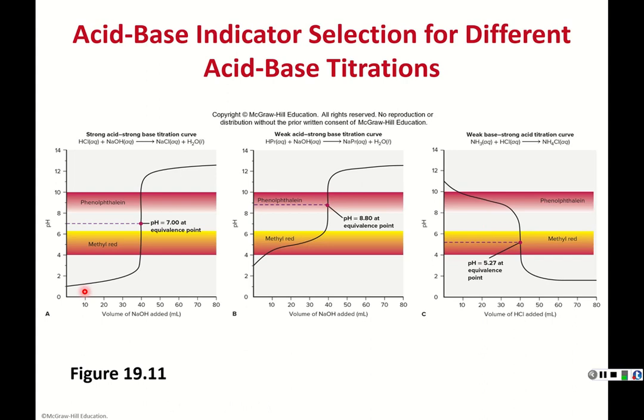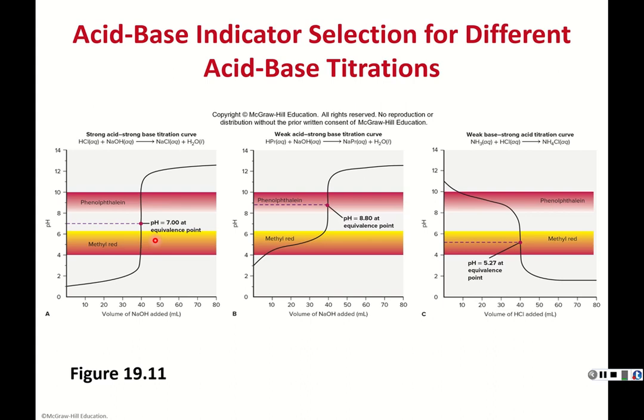And how that would look if you overlaid your titration curve on these, like for a strong acid, strong base, that equivalence point is going to be between methyl red and phenolphthalein. So I guess you could actually have both of these in solution, and when you've seen the transition from this one and you haven't yet seen this one, you're at equivalence.